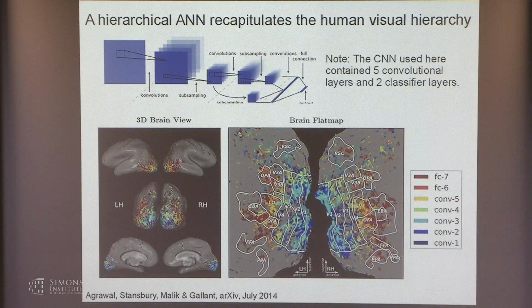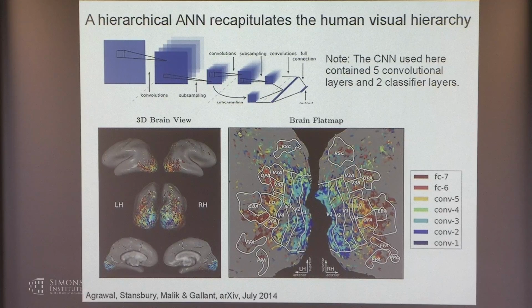And it turns out there's a shift: the features that best fit voxels in the early visual system reside at early levels of this network, and the features that best explain voxels at the highest level of the visual system respond in the higher levels of this network. So that means that V4, this intermediate visual area, probably contains neurons that have features that correspond to intermediate levels of this neural network.